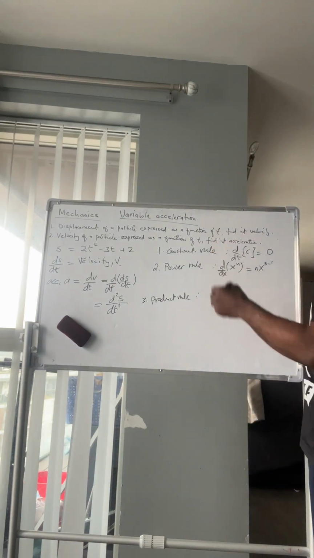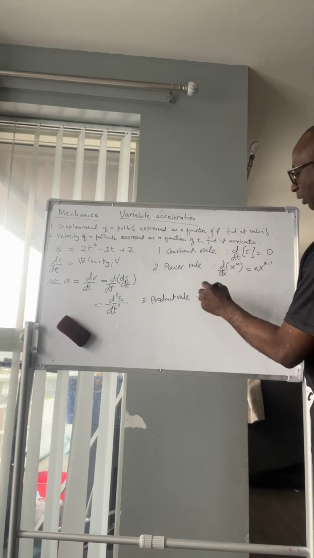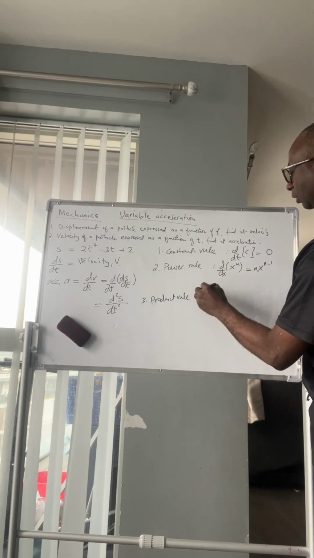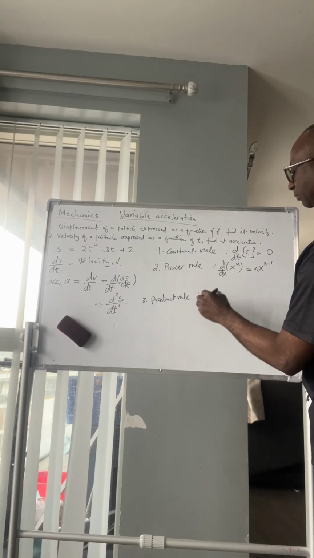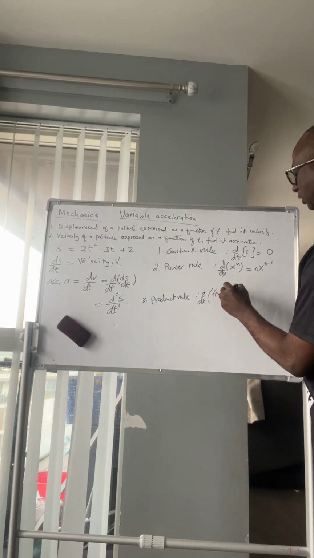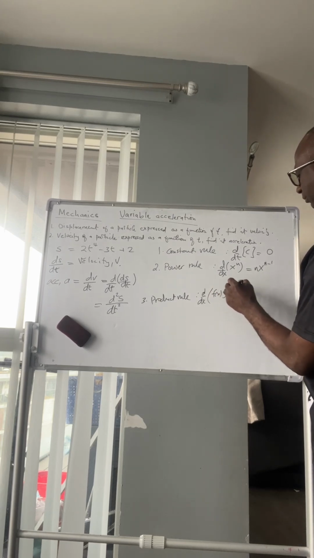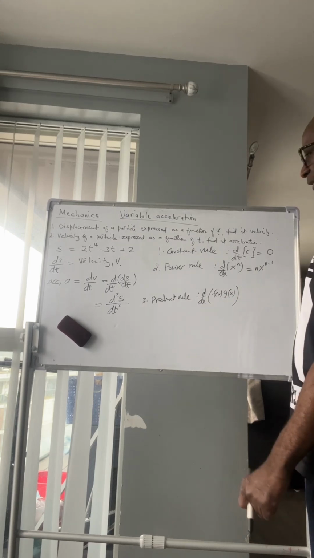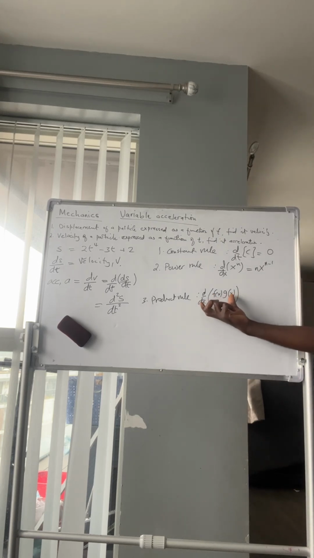The product rule. If you are given two functions now, you have d dx, f of x times g of x. You have these two functions here, f of x and g of x. You want to multiply these two. At the same time, you want to differentiate them. So what do you get?